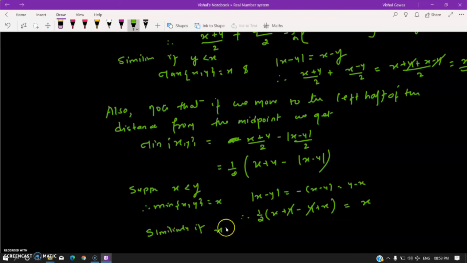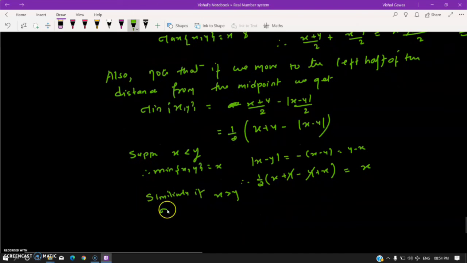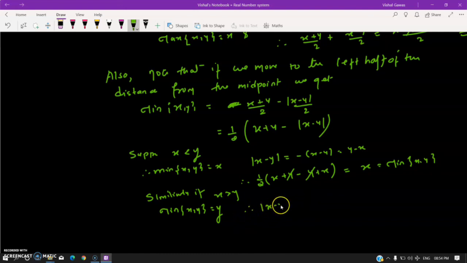Similarly, if x is bigger than y, then the minimum of x and y would be y. Therefore, the absolute of x minus y would be x minus y, because x would be bigger than y.